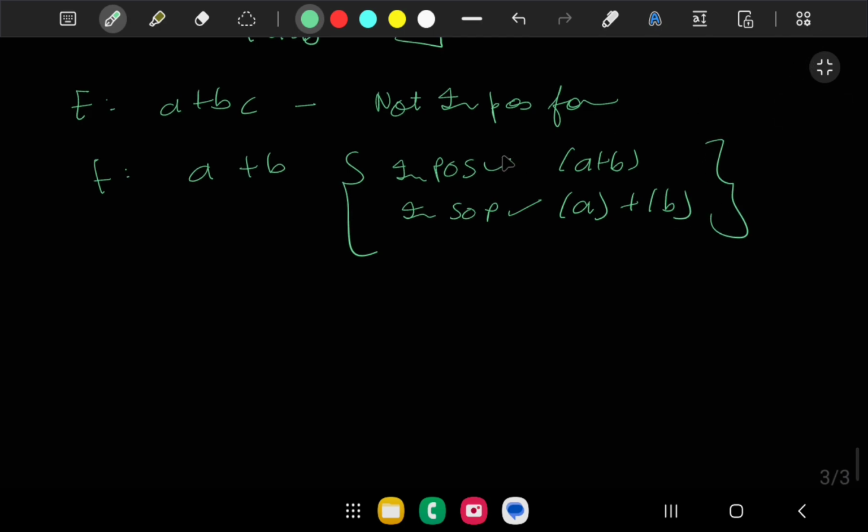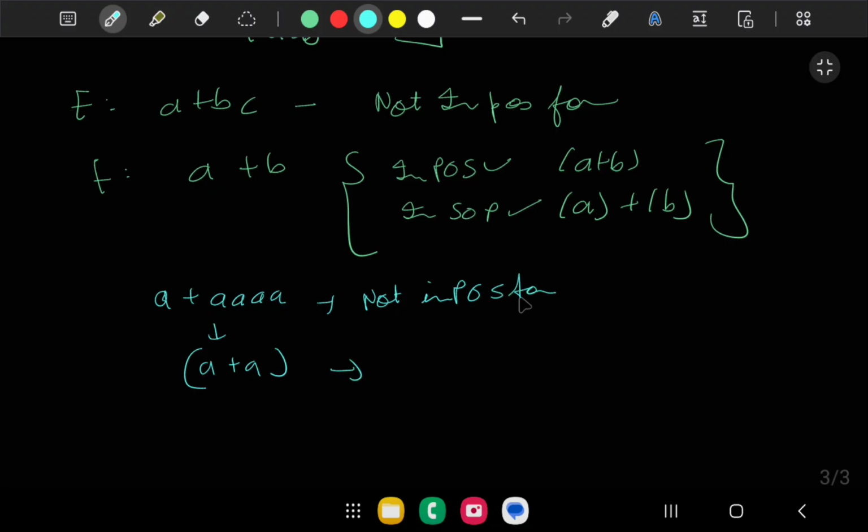We are talking about different forms of the same expression. For example, this expression is not in POS form, but you can write it in POS form. This is not in POS form, but now it is in POS form.